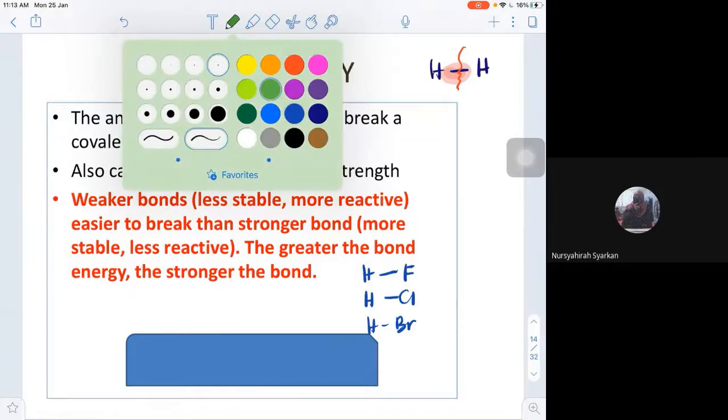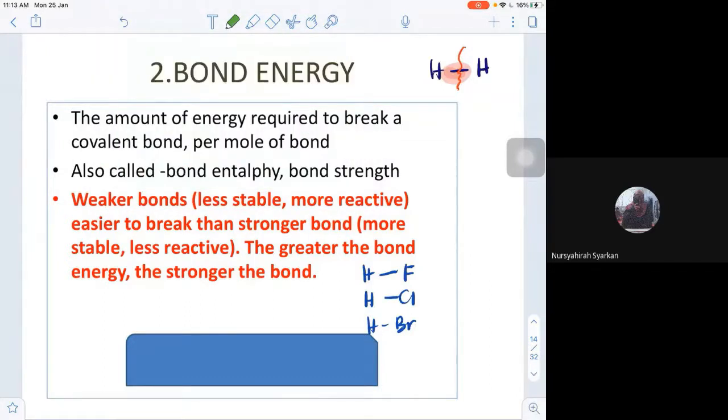What is the EN value of hydrogen? 2.1, correct. What is the electronegativity value of fluorine? 4.0. Chlorine? 3.0, correct.